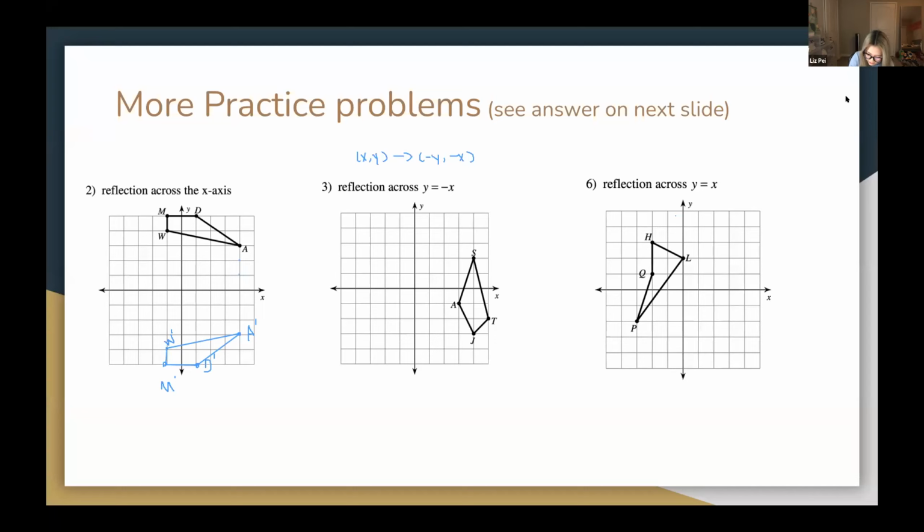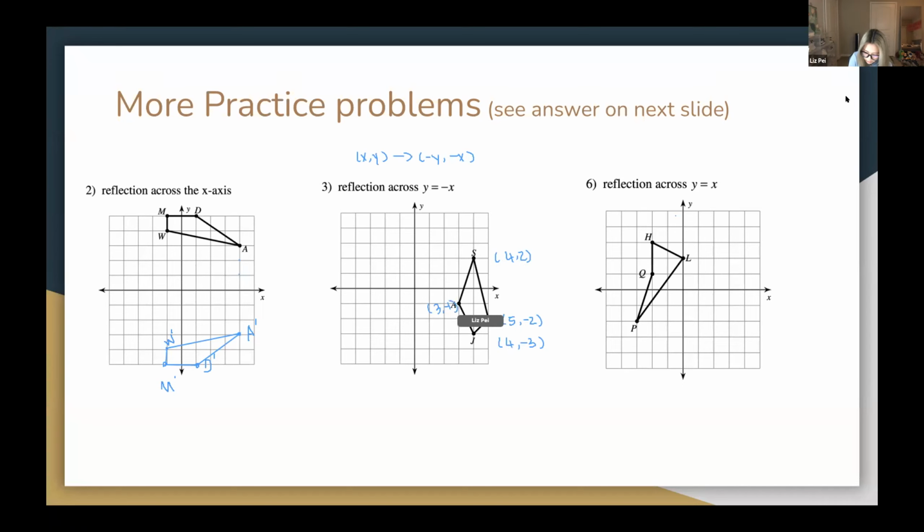Here we have S at 4, comma, 2. T is 5, comma, negative 2, J is 4, comma, negative 3, and for A we have 3, comma, negative 1.